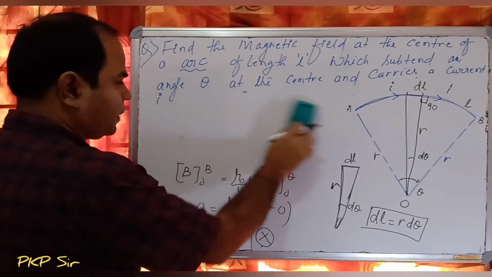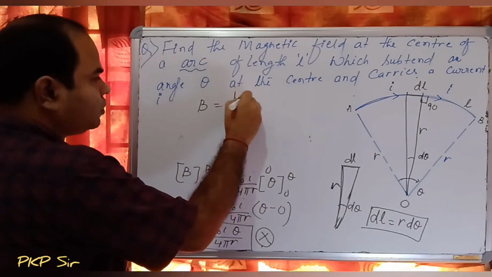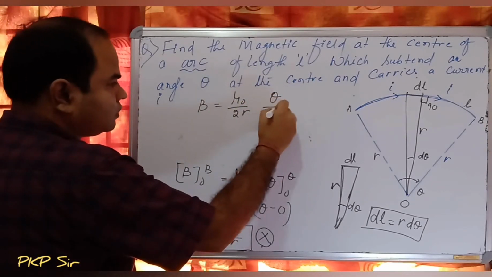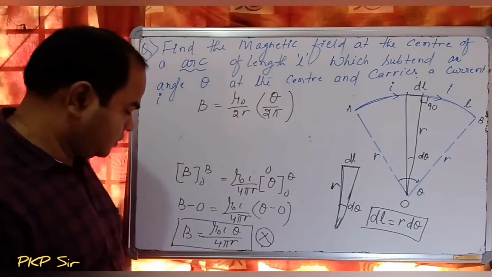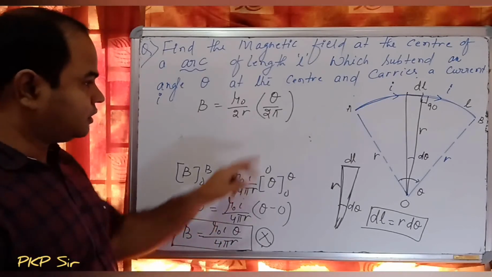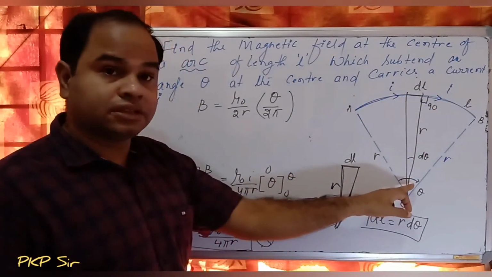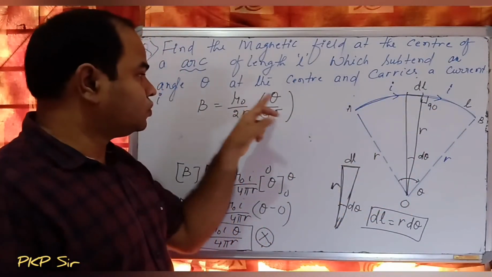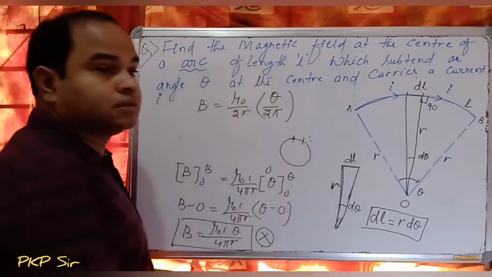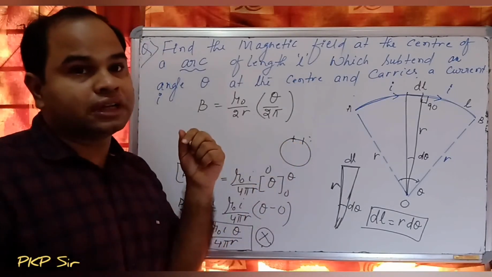But we will not remember this formula in this way. We can write this as B is equal to mu naught I by 2r times theta by 2 pi. This arc subtends an angle theta at the center, out of the total circle angle, which is 2 pi.